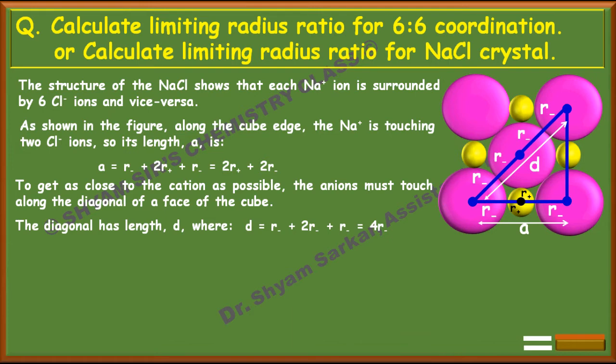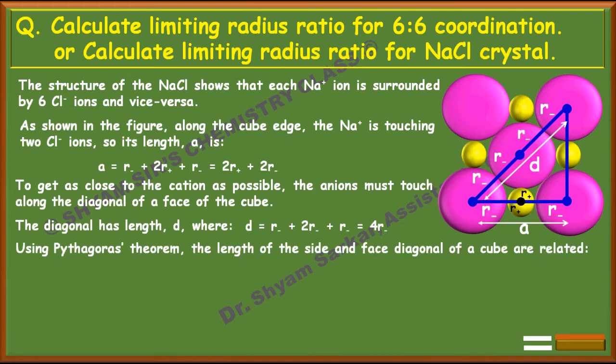Now if you apply the Pythagoras theorem, the length of the side and the face diagonal of the cube are related as d square equal to a square plus a square, so equal to 2a square. Now if you calculate the value of d, d becomes root 2a.